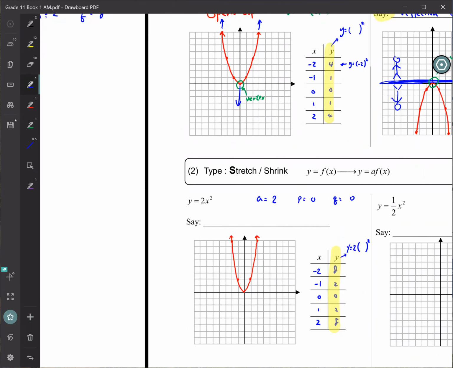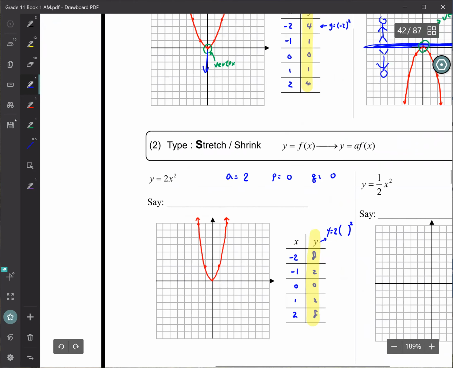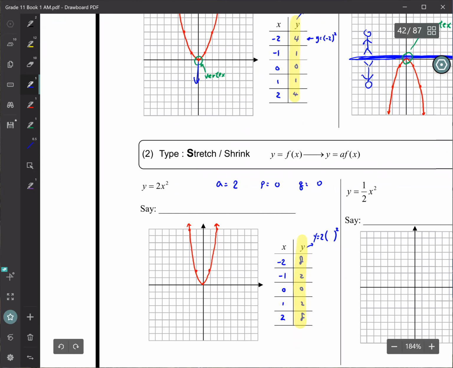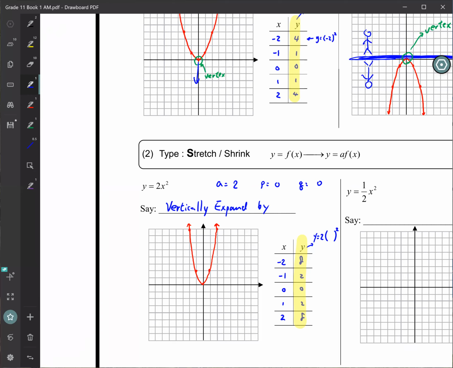Of course, the vertex is still in the same place, but it gets skinnier, because the y value got doubled, times 2. So the way we say it is: vertically expand by a factor of 2, or you can just say by 2.